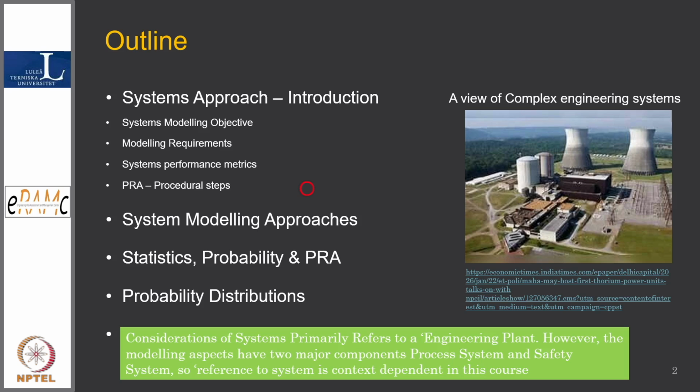Slowly we are going into the details of system modeling. The other lectures are basically system modeling approaches that we will be discussing, and then we will have statistics and probability in relation to PRA, and then probabilistic distributions.